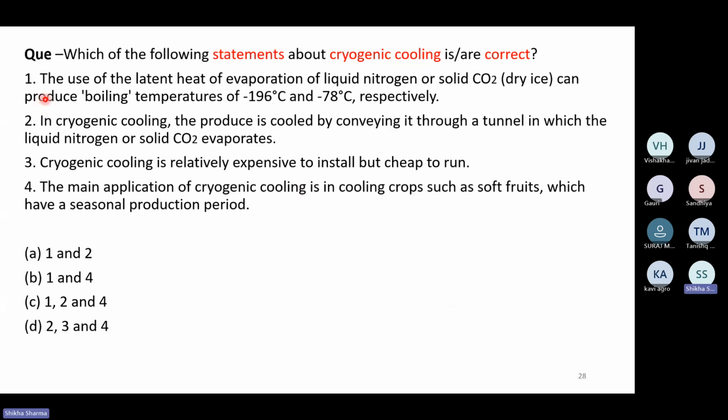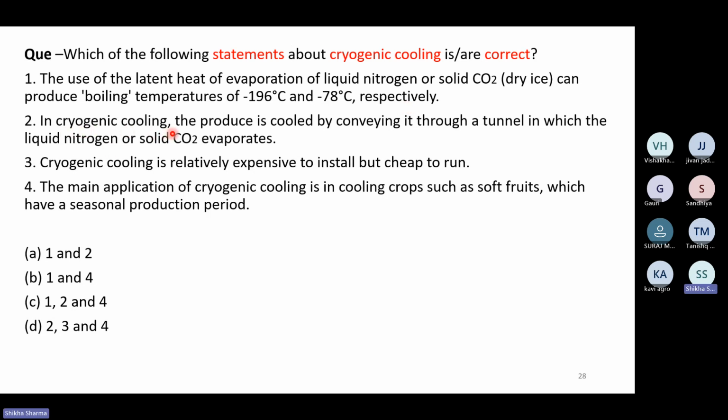Here are four statements, and we should say which statement is correct regarding cryogenic cooling. First, the use of the latent heat of evaporation of liquid nitrogen or solid CO2 or dry ice can produce boiling temperatures of minus 196 degrees Celsius and minus 78 degrees Celsius respectively.